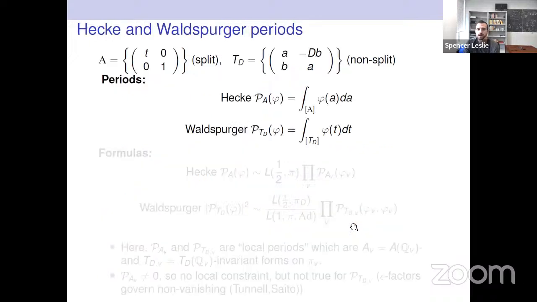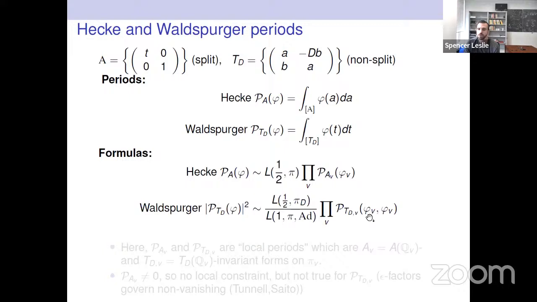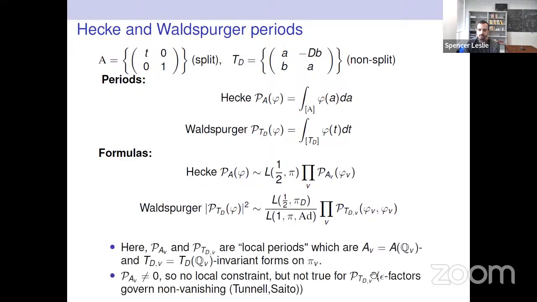And we already see that some local problems can arise, namely these epsilon factor questions in the case of Waldspurger. But in higher rank, there are additional features which are not visible in these low rank cases. So I wanted to consider another example just to bring that to the front.